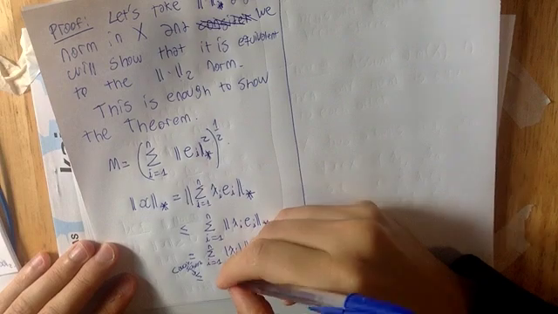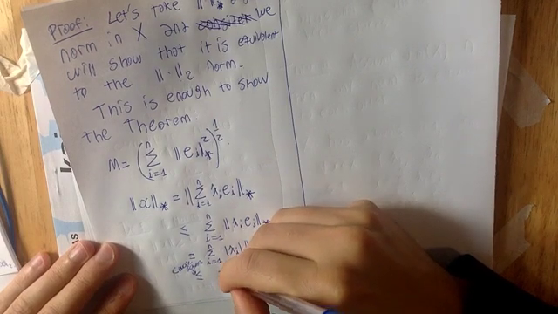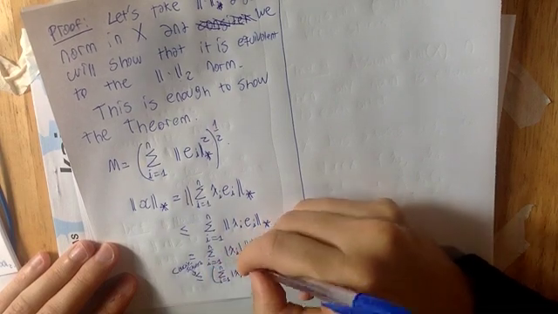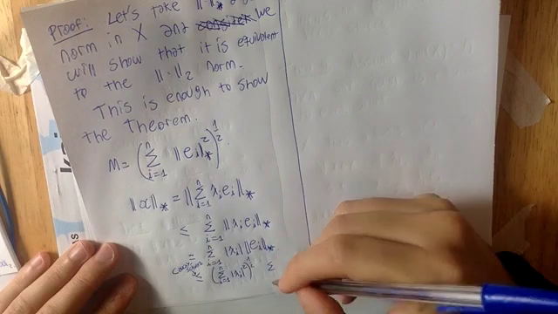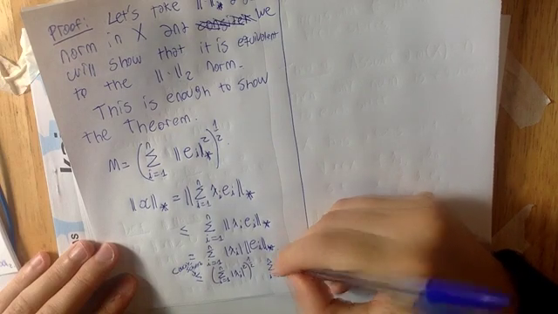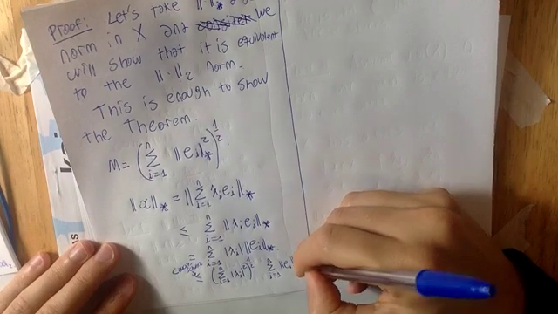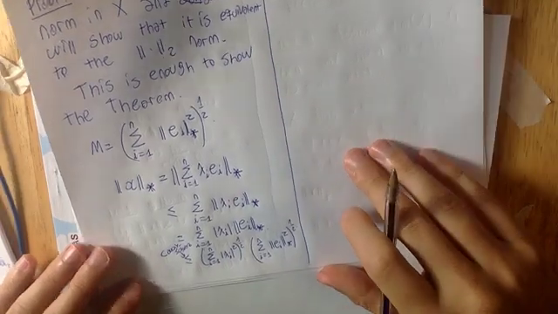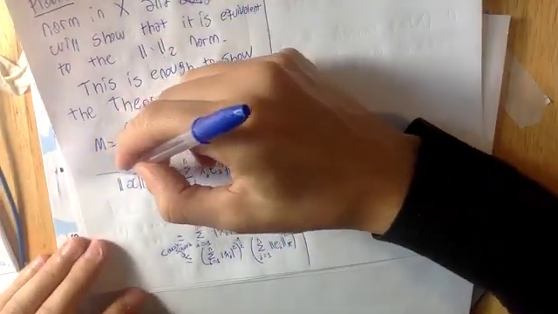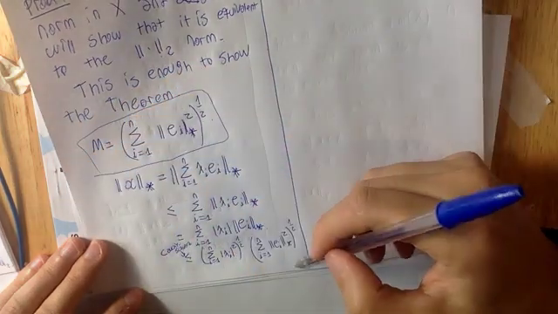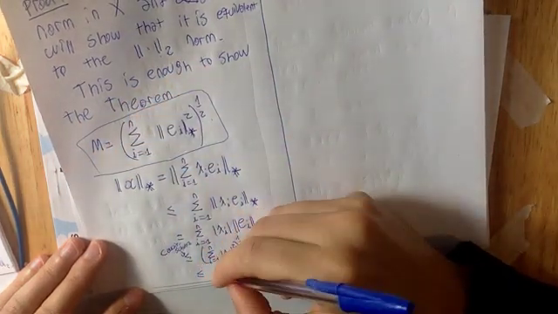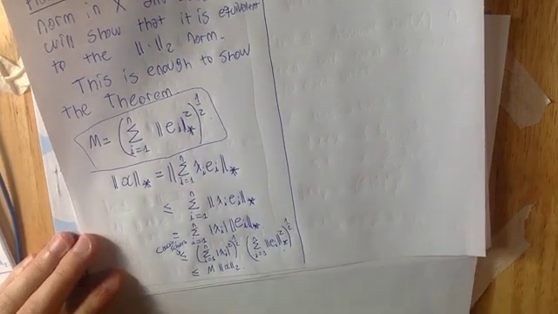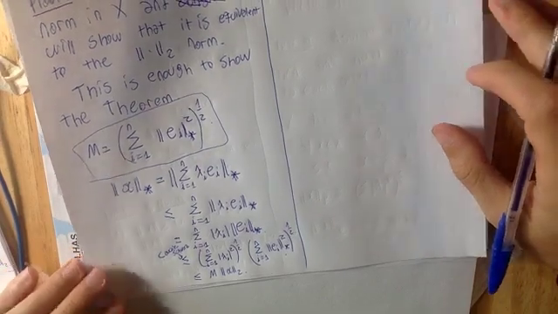So by Cauchy-Schwarz, this is less or equal than the sum from i equals 1 up to n of lambda_i squared to the 1/2, times the sum from i equals 1 up to n of e_i star squared to the 1/2. The point is that we define M to be the sum of these terms, because here we get that this is less or equal than M times the norm of x2. Okay?